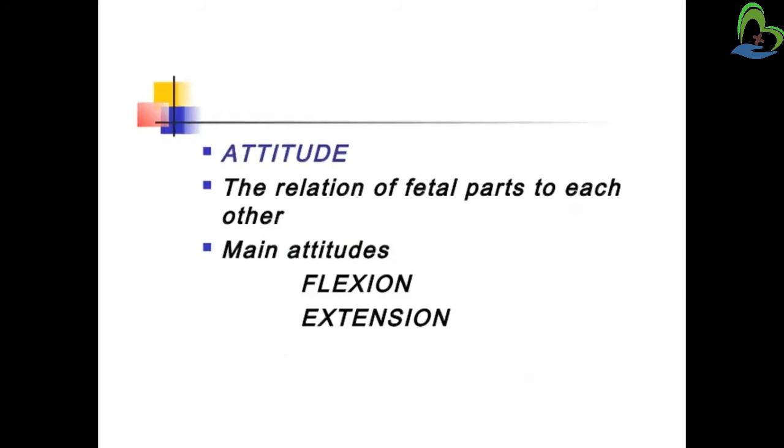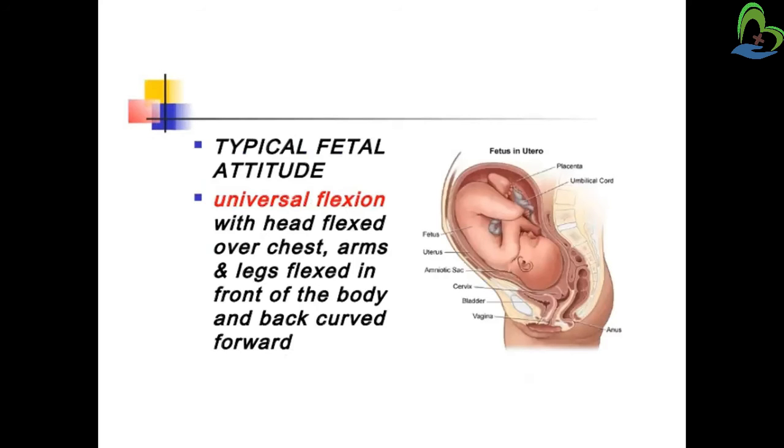Now the attitude, the relation of fetal parts to each other, how the extremities are related to each other. Okay, so there are two attitudes, flexion and extension. The typical fetal attitude, mostly seen, is the universal flexion.